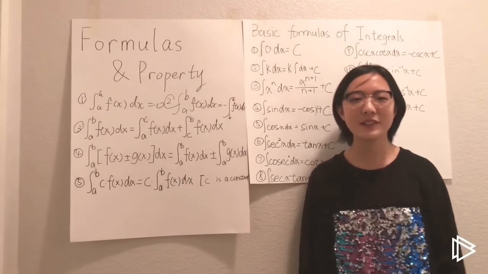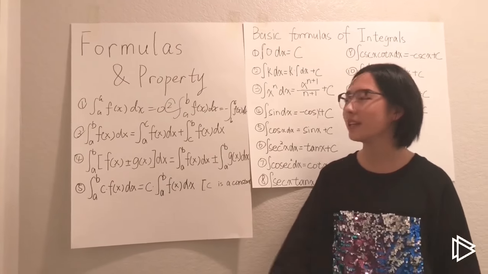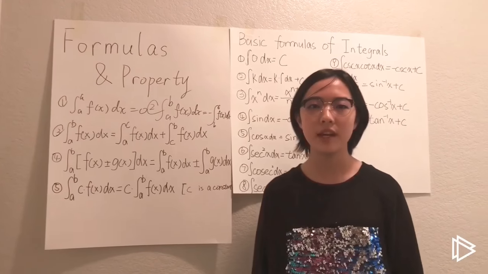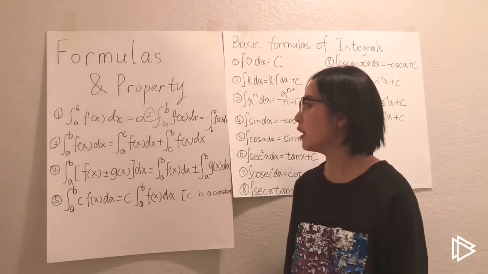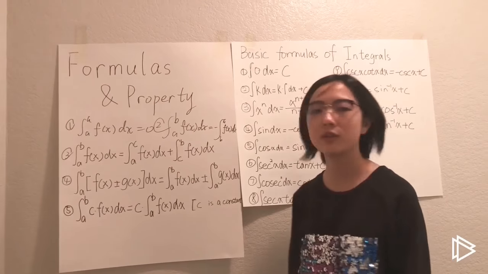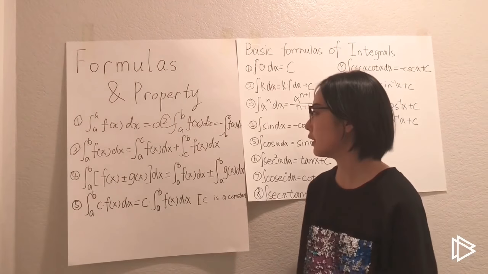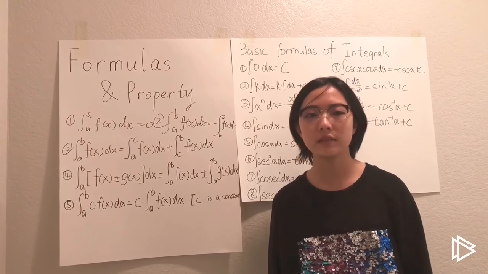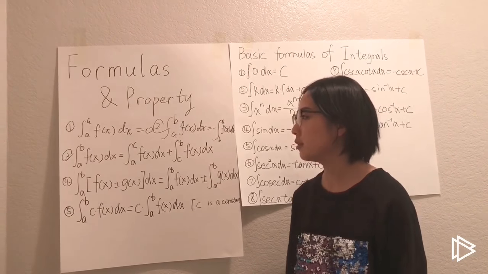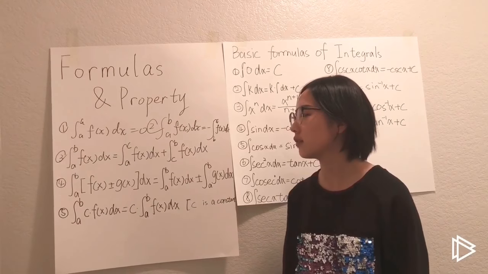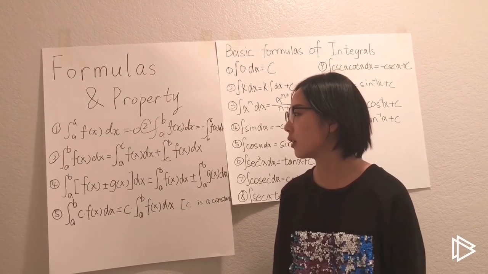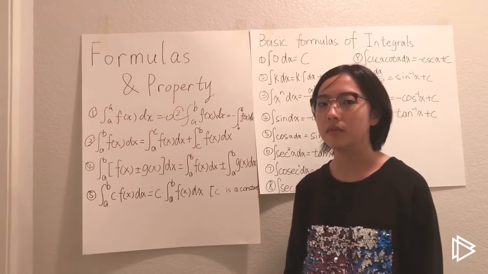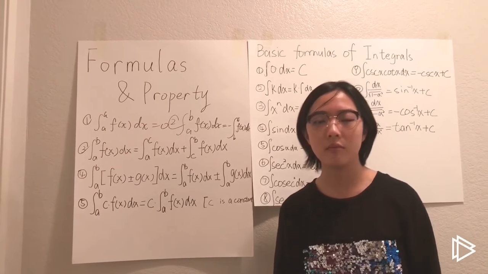Based on the fundamental theorem of calculus, we can get these properties for integrals. The first one is the integral of f(x) dx from a to a equals 0, and the second is the integral of f(x) dx from a to b equals the negative of the integral from b to a. The third one is the integral of f(x) dx from a to b equals the integral from a to c plus the integral from c to b, and c doesn't have to be between a and b, it can be any number.